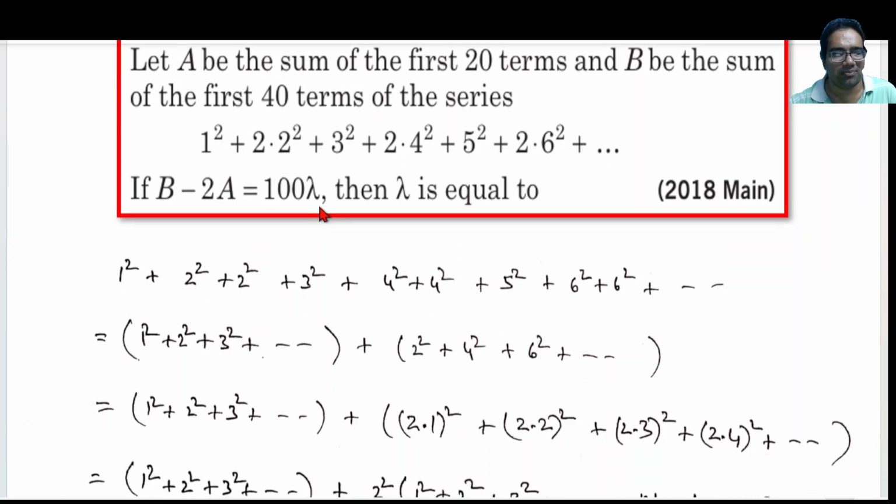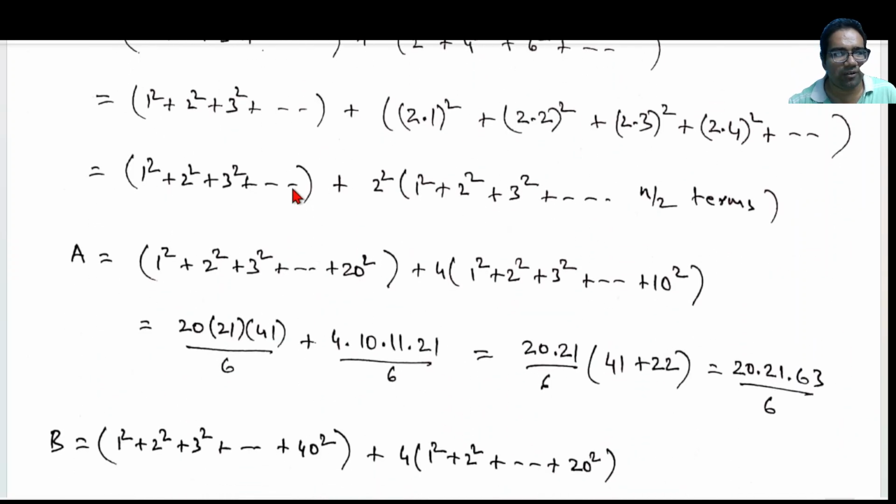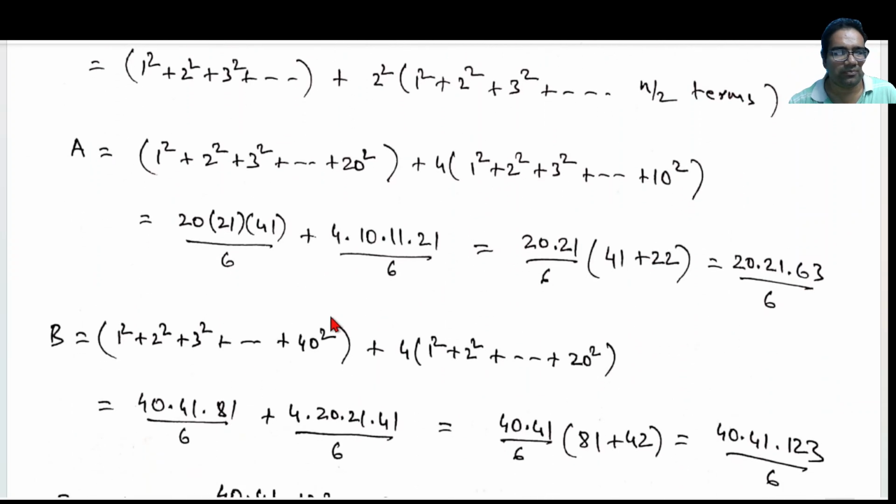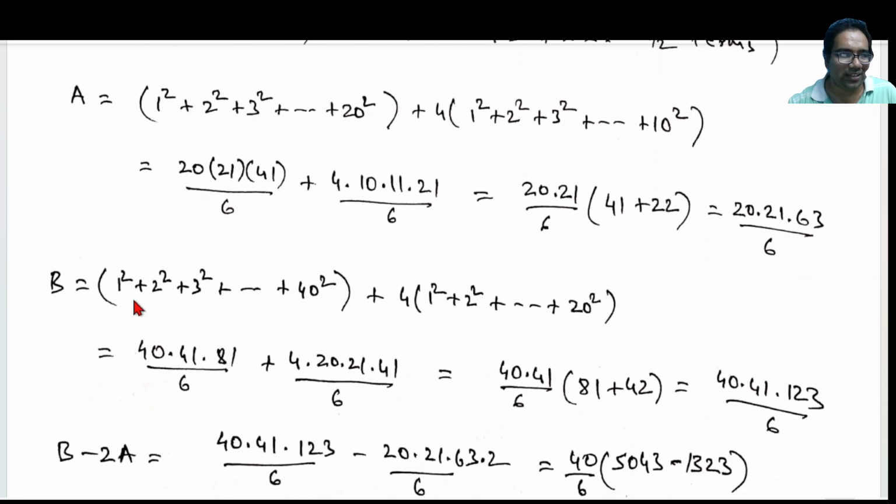B is the sum of first 40 terms. That means this part will have 40 terms, and this part will have 20. So B is 1 square, 2 square, 3 square up to 40 square plus 4 into 1 square, 2 square up to 20 square. Again, 1 square to 40 square is 40 into 41 into 81 by 6. And this is 4 into, there are 20 terms, 20 into 21 into 41 by 6, using n into n plus 1 into 2n plus 1 by 6 for the sum of squares.